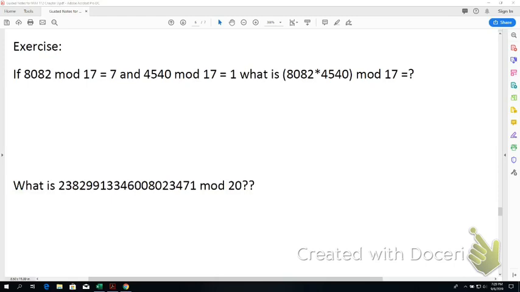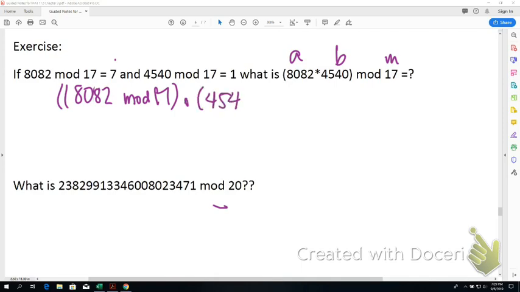So we could use the theorem here. We could say, remember, this is your A, this is your B, and this is like your M. So double parentheses, 8,082 mod 17, times 4,540 mod 17, close parentheses twice, mod 17.